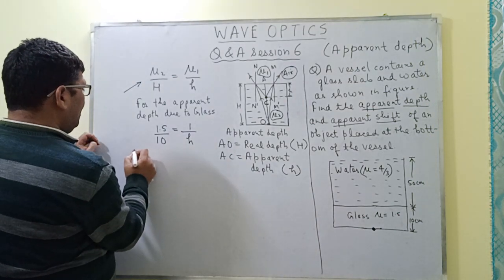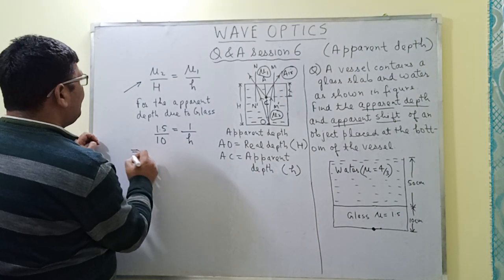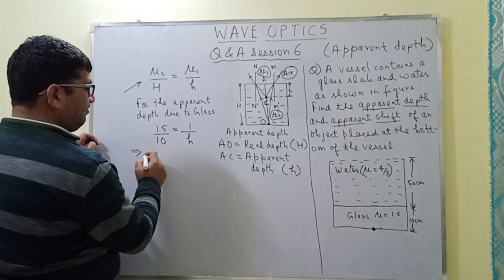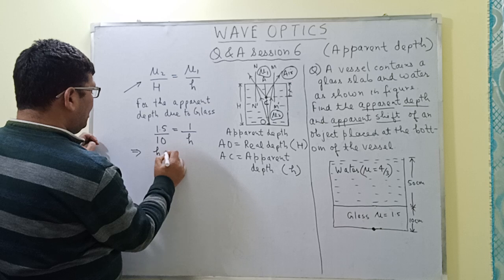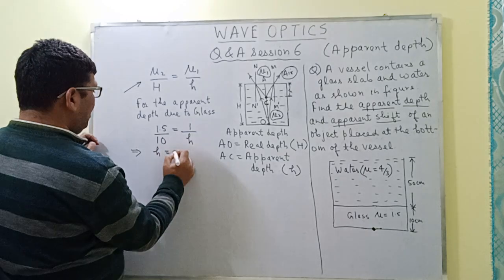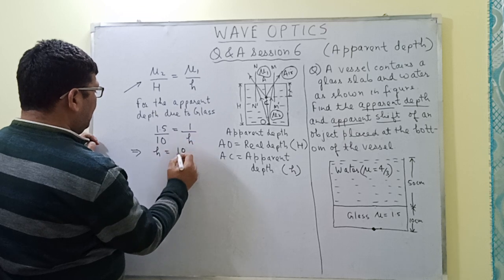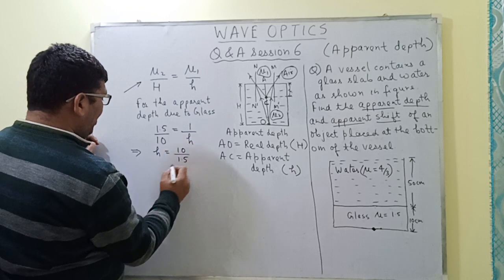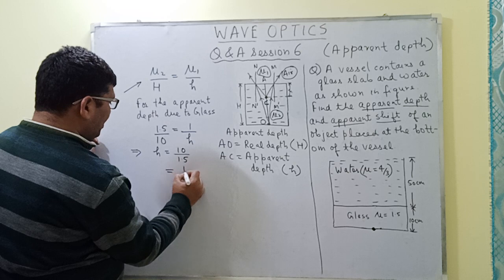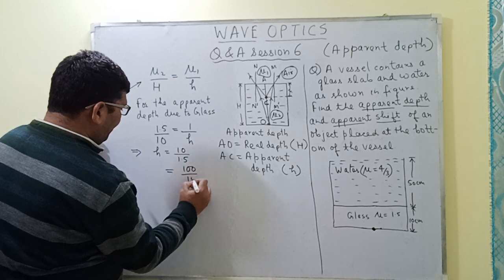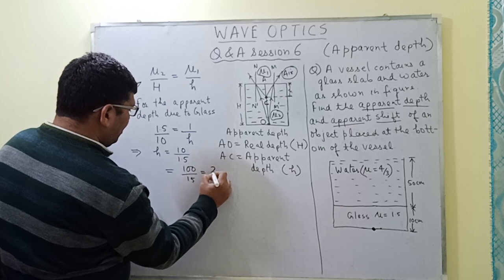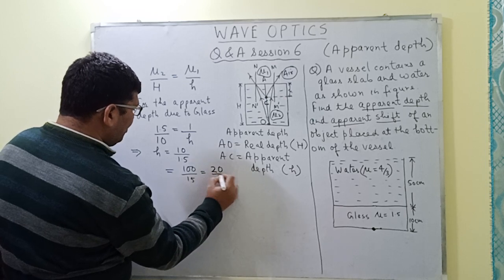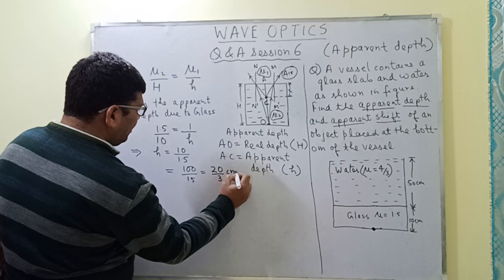So it implies that h will be equal to 10 divided by 1.5, and this will be equal to 100 divided by 15. If I divide it by 5, that is equal to 20 by 3 centimeter.